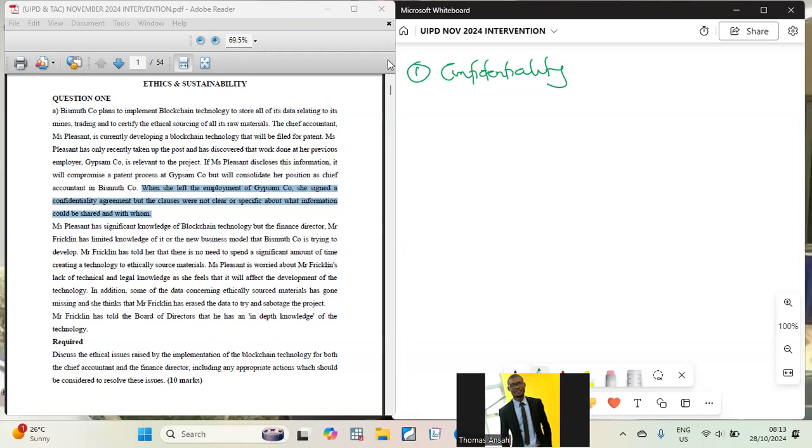So, even though there is a confidentiality agreement she has signed, we still expect her to ethically have that position of not releasing the information just because it will solidify his position and rather compromise on what somebody is doing. So do unto others as you want others to do unto you. It's as simple as that.